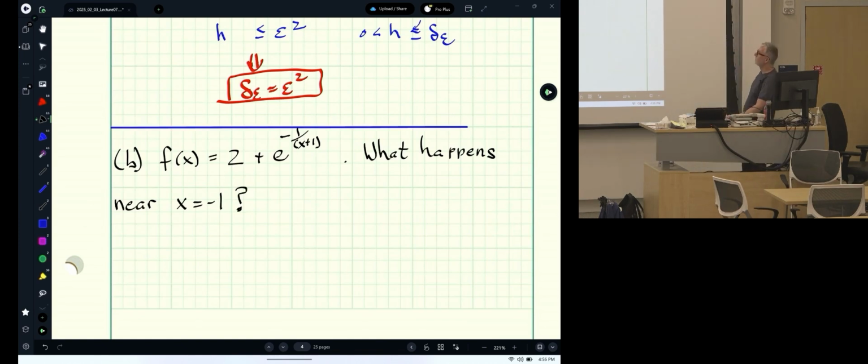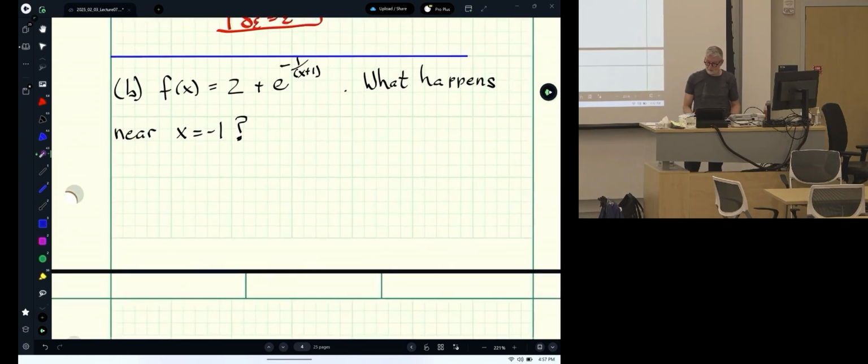Okay, so this is more interesting. Is the function defined at x equals minus 1? And the answer is no, because this becomes 1 over 0, so we don't want to divide by 0. So we need to use limits to understand what the function is doing as x is approaching minus 1.